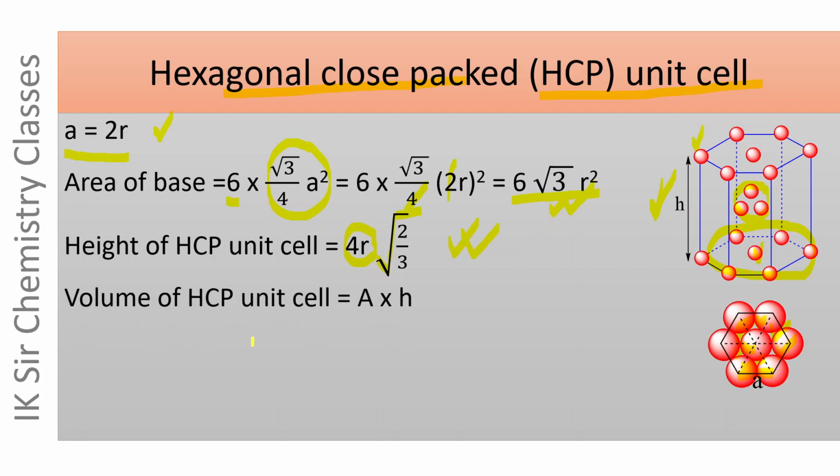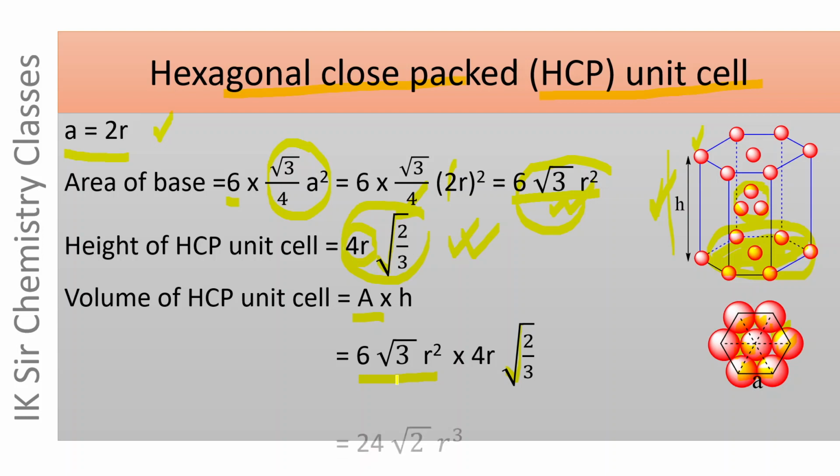Volume of the HCP unit cell will be equal to the area of the base, which is equal to 6 under root 3 r square, multiplied by the height, which is equal to 4r under root 2 by 3, and on solving it we get 6 multiplied by 4, 24.